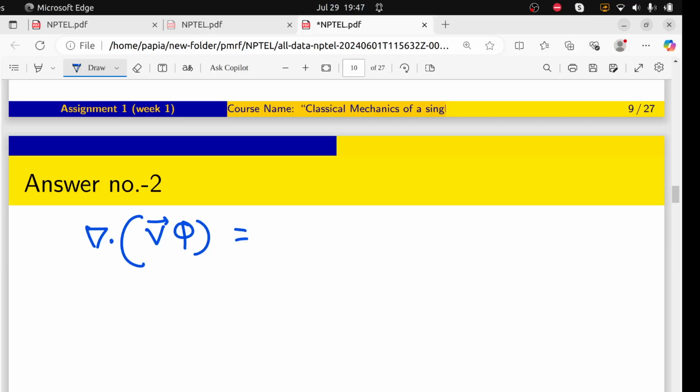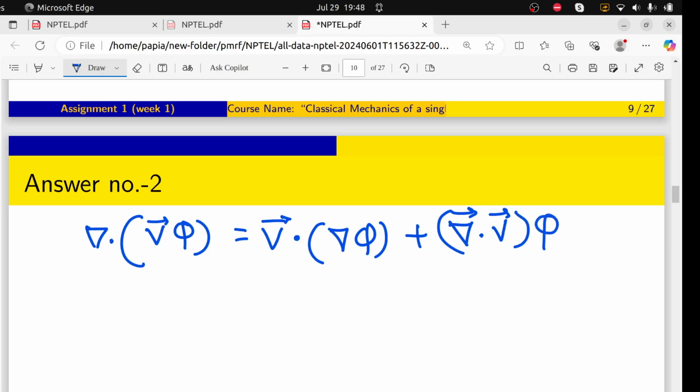But you can see two things are there in the bracket, one is v, another is phi. That means I have to expand it a little bit. This is the rule for the divergence of the multiplication of one scalar and one vector. The rule is: v dot grad phi plus divergence of v into phi.